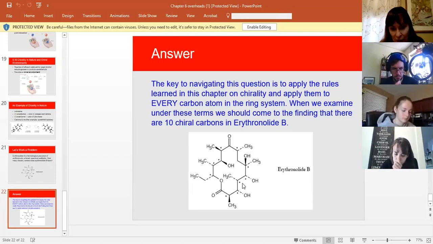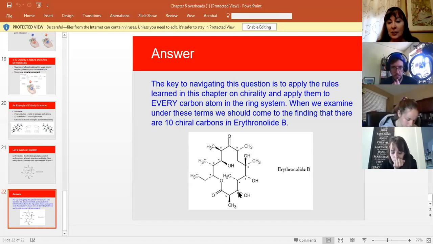It's a line structure, so there's a hydrogen that's not being shown, right? So we have a hydrogen. We have a methyl group. If you look this way, you will find a CH2, a CH with an OH attached to it. If you look down here, you will also find a CH with an OH attached to it. So far, it looks like this side and this side are the same. Do you all see that as well?